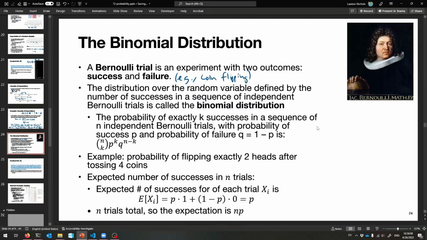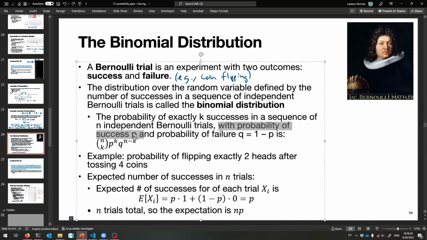Okay? And so here's what Mr. Bernoulli came up with. The probability of exactly k successes in a sequence of n independent Bernoulli trials, so they have to be independent in that, like, you flipping a coin on trial 1 does not influence the outcome of the coin on trial 2. I think that's normal to expect, right?